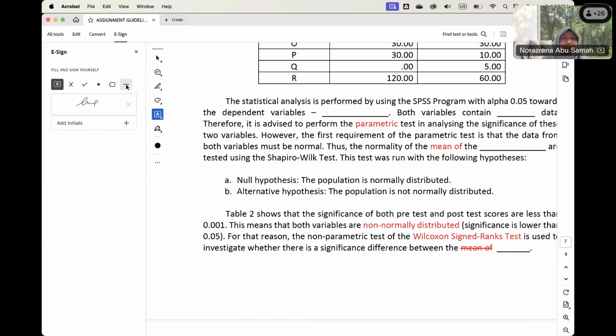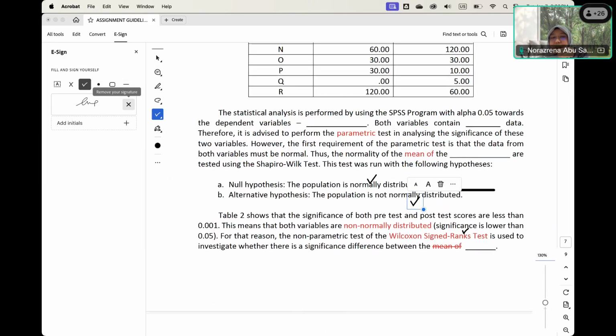The cut line is here, in the middle between A and B. So if you get greater than 0.05, greater means above, so look at the above one. The one above is normally distributed, right? If you get less than 0.05, look at the one below, which means not normally distributed. That's how to remember.